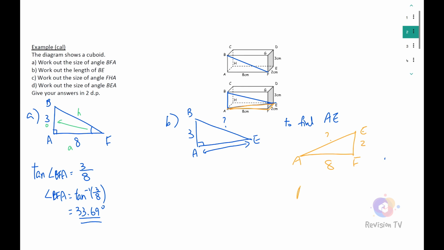So AE squared equals 8 squared plus 2 squared, a squared plus b squared. We can use a calculator, so I'm not going to beat around the bush. So AE equals square root of 68, which is 2 root 17. Use a calculator, it will give you a simplified surd form straight away anyway. So we know AE is 2 root 17.